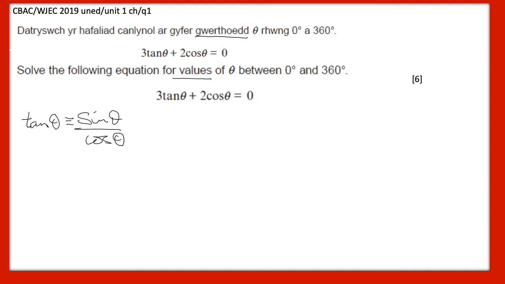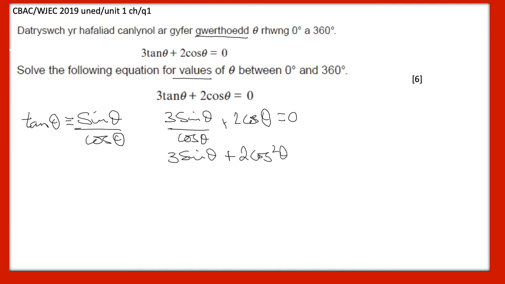So if I put that in, I'm going to get 3 sine theta over cos theta plus 2 cos theta equals 0. And then multiplying through by cos theta, 3 sine theta plus 2 cos squared theta is equal to 0.